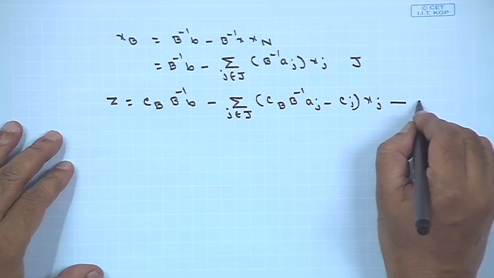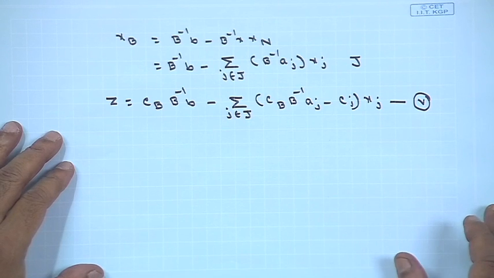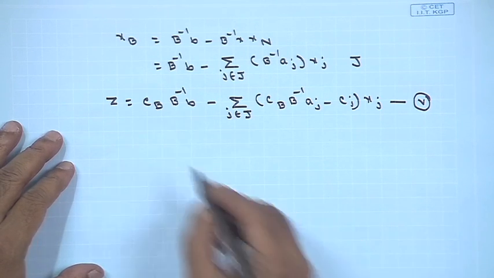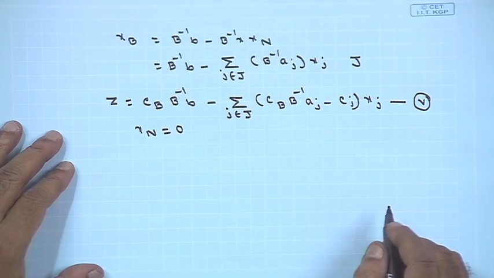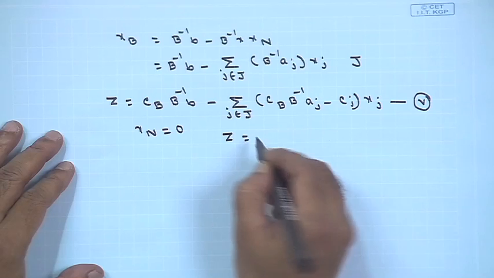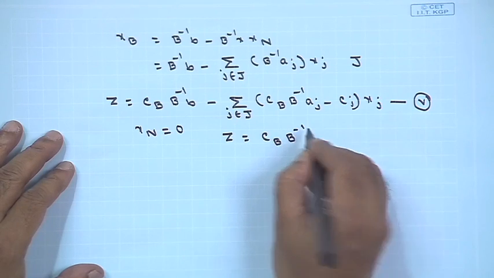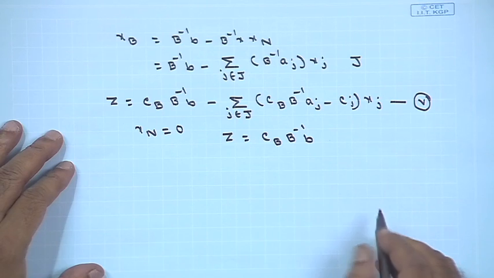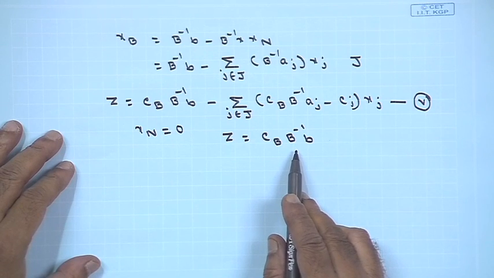This is our equation number 5. So, for basic solution obviously we know that your x_n should be 0. For basic solution always x_n should be 0, so that you can obtain z equals C_b B inverse b.